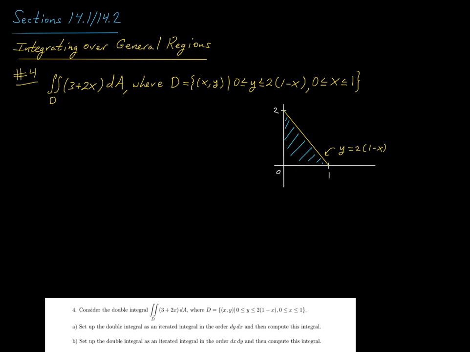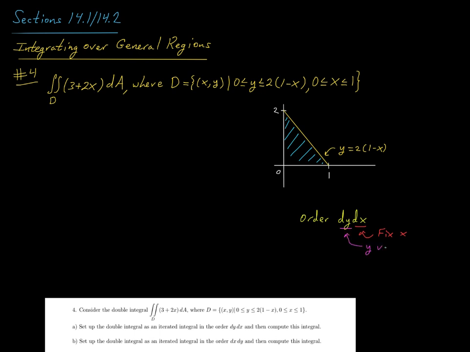Now for part A, it says set up the double integral as an iterated integral in the order dy dx, and then compute this integral. First I want to make a comment that if we're looking at the order dy dx, we're first going to fix x, so this is the outside variable of integration, and then we're going to let y vary.